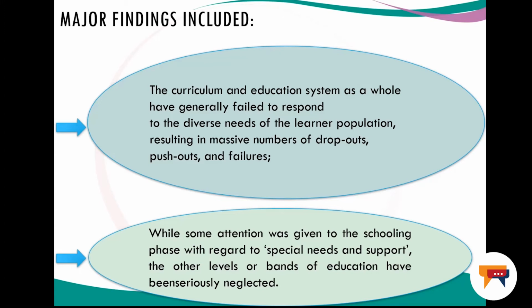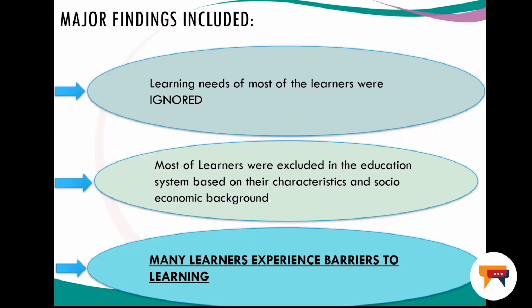When we talk about the curriculum, we refer to the way learners were taught, the way they were assessed, the manner in which their learning materials were developed, and the structure of the teaching and learning environment. They all did not meet the learning needs of many learners. So as I've indicated, the learning needs of most of the learners were ignored.